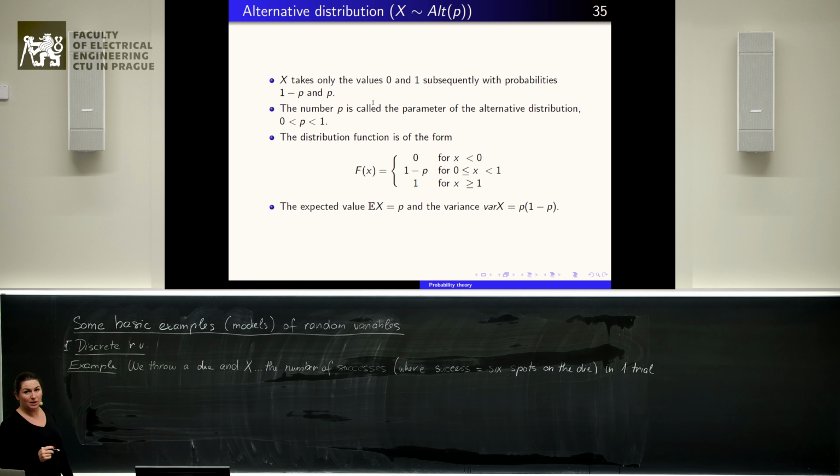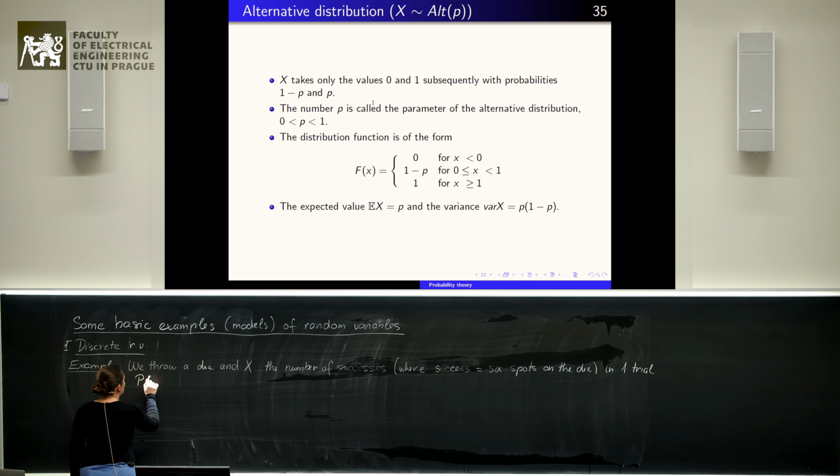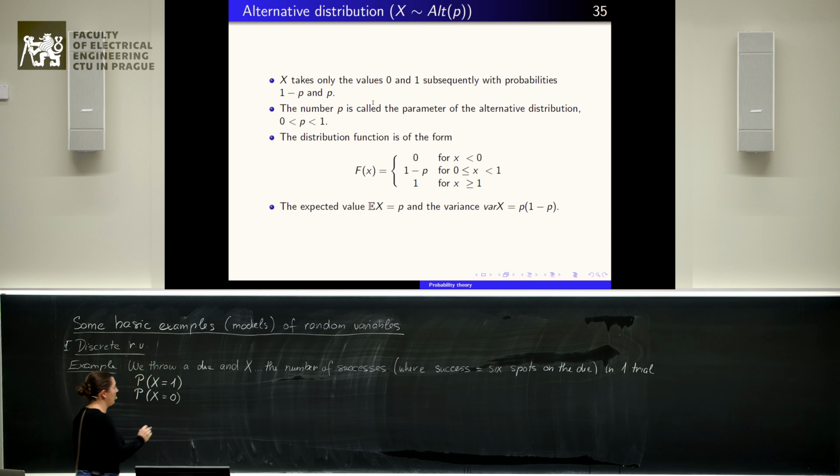I mentioned this last week, but I recall that when we consider one trial and we calculate the number of successes, then there can be either 1 or 0 successes.